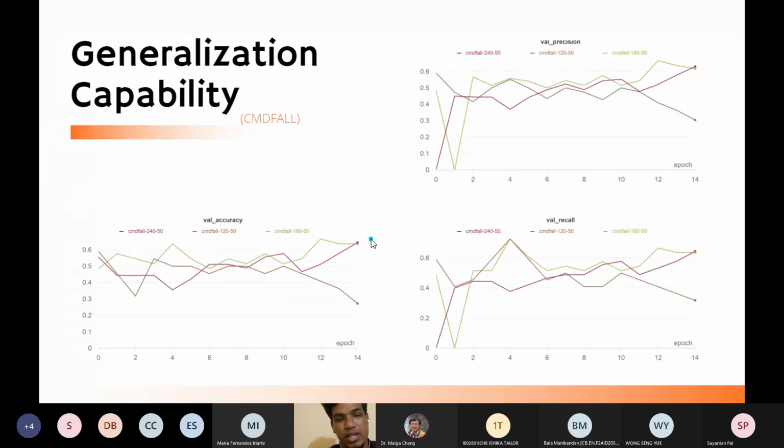When we introduced the very new dataset, it got around 62%, 63% accuracy. So we could see that when we eliminate the environment, it could actually work better, and in very little time it can process the images and classify the subject as falling or not.